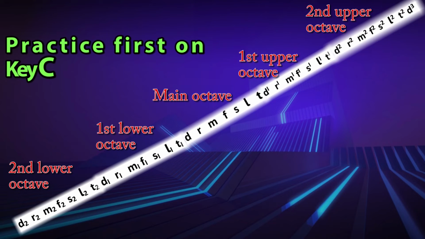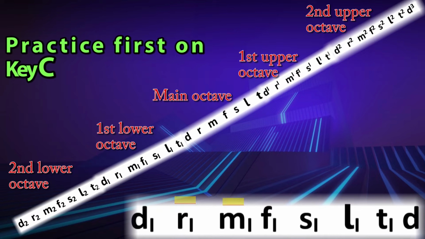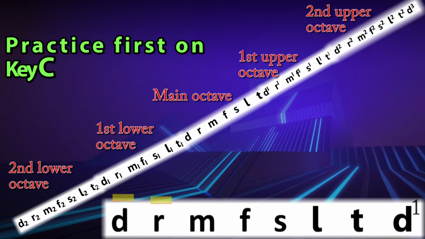This is key C scale, starting from second lower octave. Do, re, mi, fa, sol, la, ti, do. Do, re, mi, fa, sol, la, ti, do. Main octave scale. Do, re, mi, fa, sol, la, ti, do.